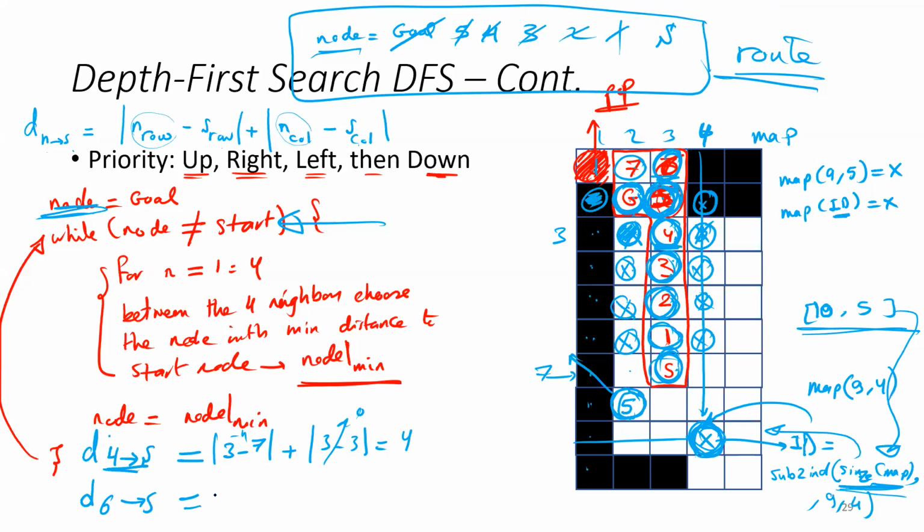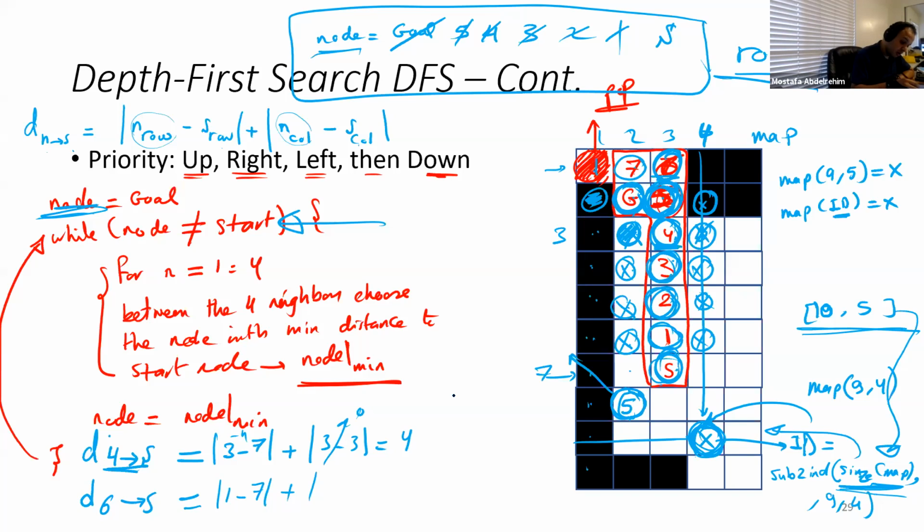For 6, this is at row 1 minus 7 again, plus column 3 minus column 3 again. So this is 0, 6. So where is the minimum distance here? It's 4. So we're going to take 4 and continue.